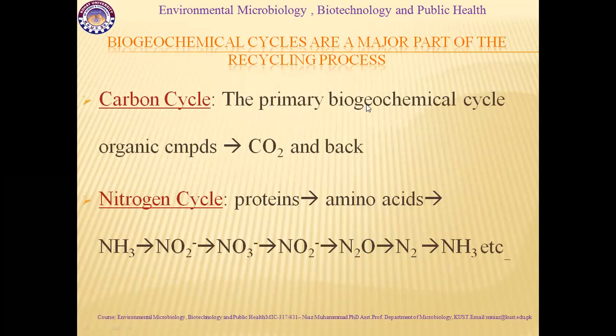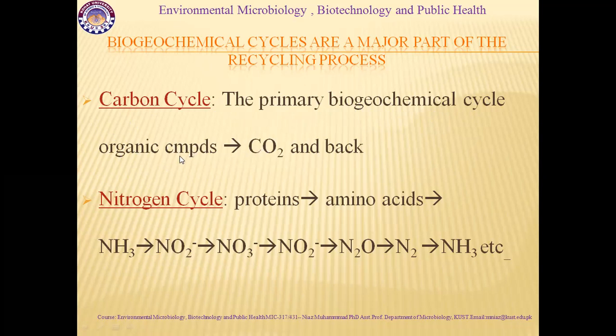Carbon cycle, the primary biogeochemical cycle. Okay, carbon cycle. Carbon is a major component of every living organism, and we consider that carbon is the backbone of every living organism. It is the primary biogeochemical cycle of organic compounds.